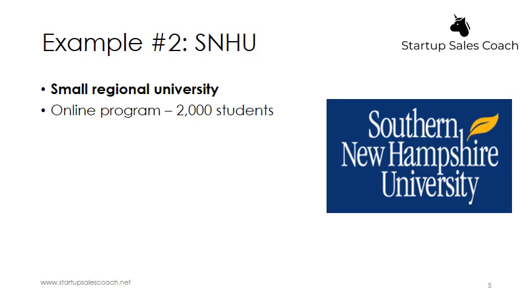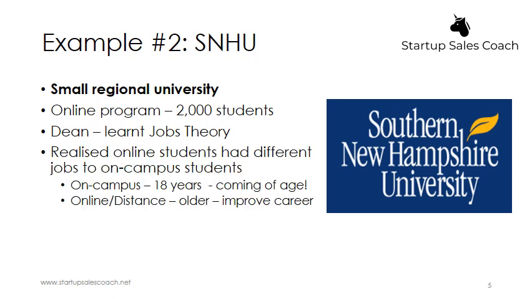It was just an adjunct to the everyday part of the university, which was the day students, which were typically your 18-year-olds, 17-year-olds getting out of high school. However, the dean of this university went to Harvard and learned about jobs theory and wanted to apply this, particularly for the online and distance students.